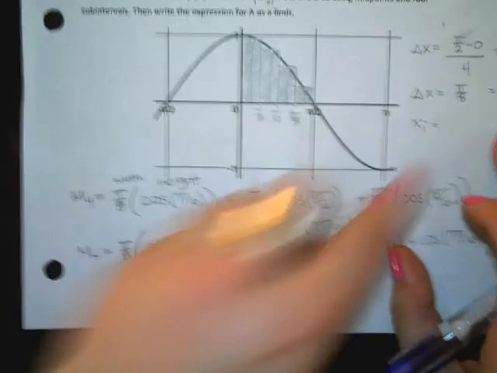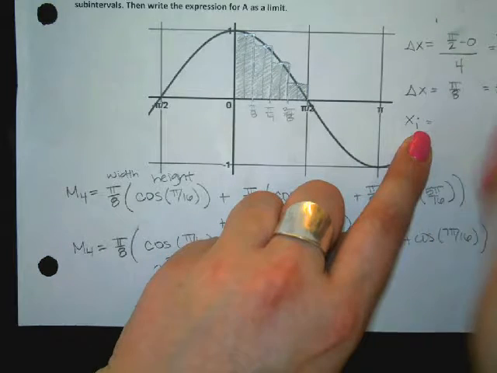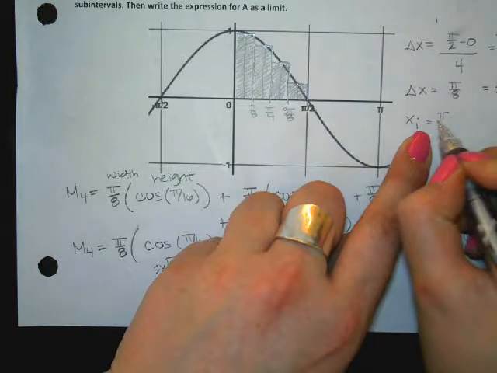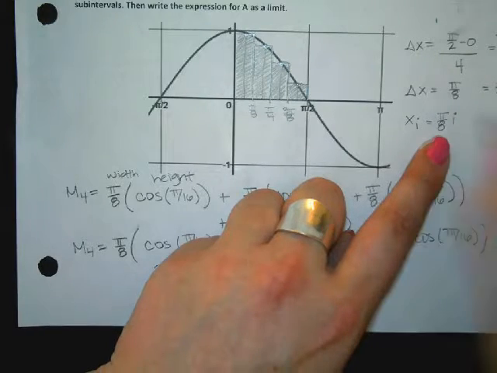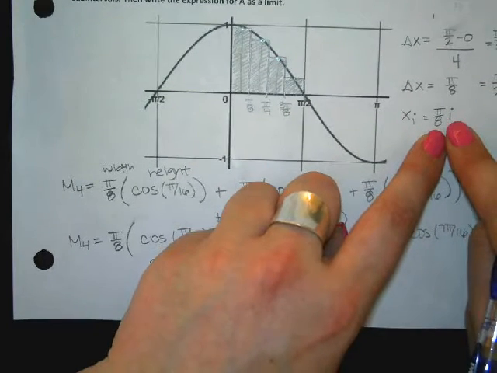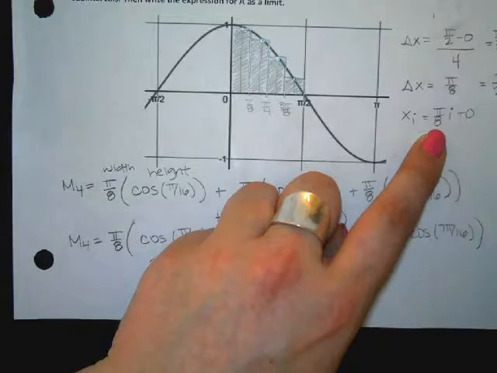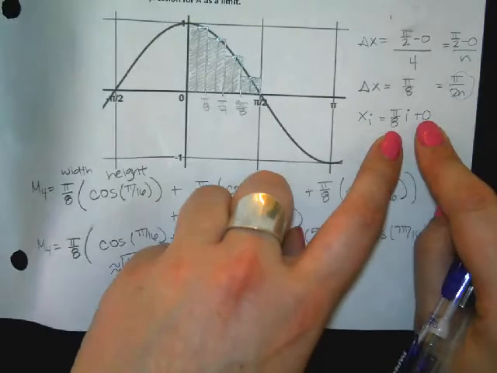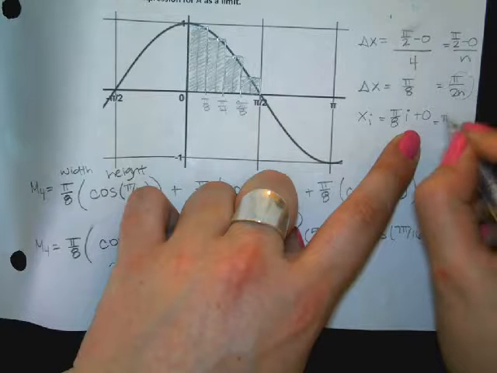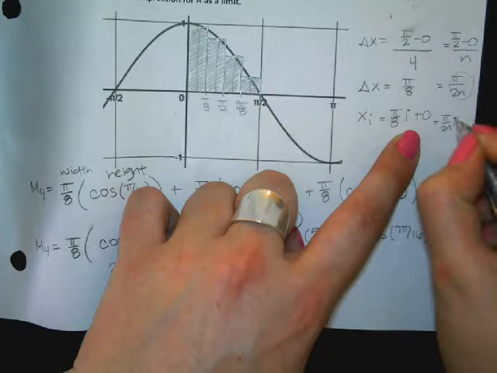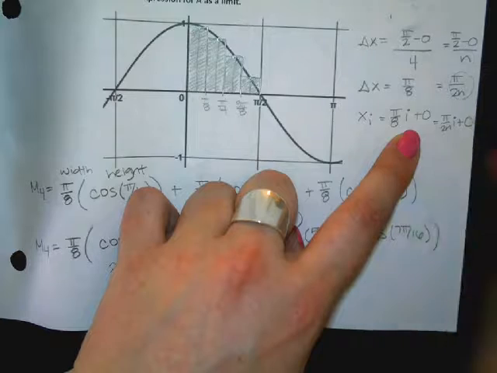Okay? So for our original problem, we would have said pi over 8 multiplied by i, where i is whatever term you're on. And we would have said plus 0 because the lower bound was 0. For our limit formula, we're going to say pi over 2n times i plus 0.